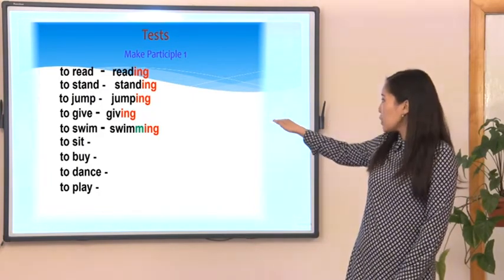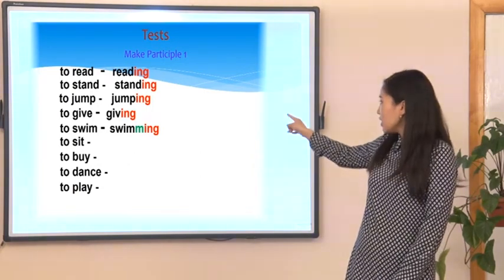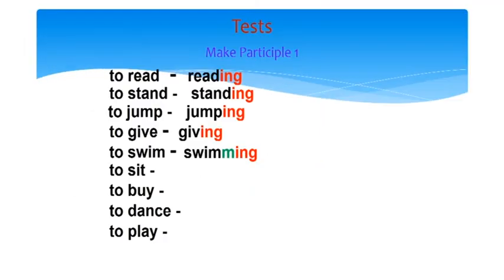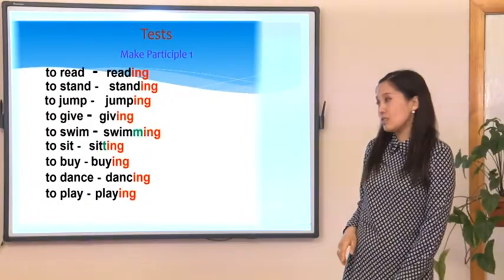For example, swim, swimming, as I mentioned here with the green letter. Like the next one, to sit, sitting, the same as swimming. We put the letter T two times because it comes after a vowel sound.